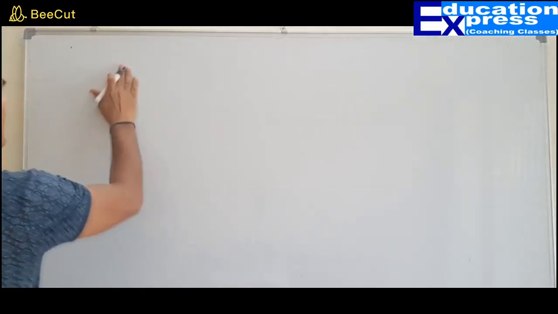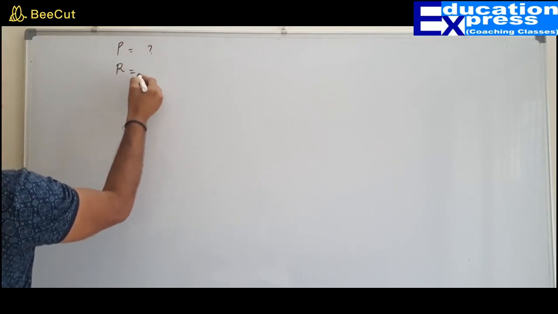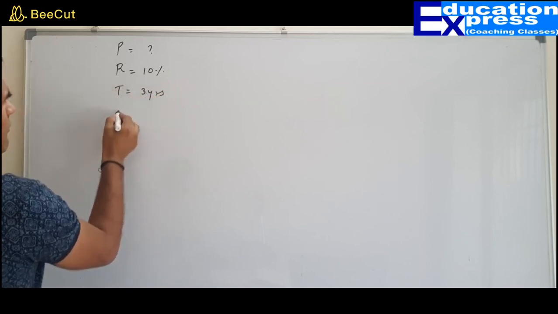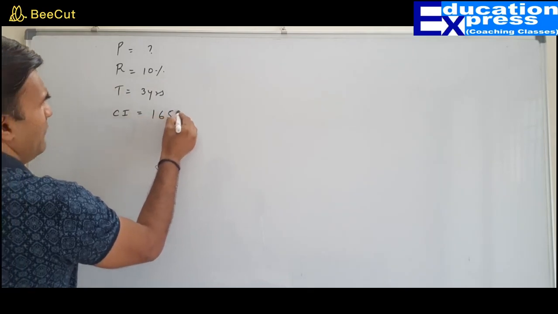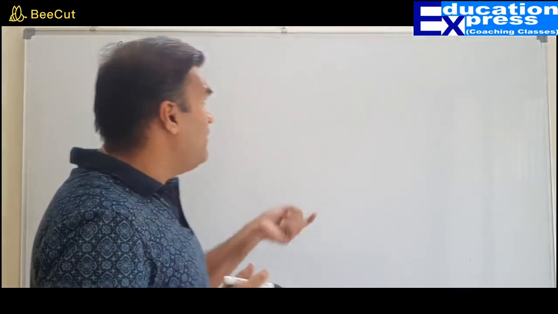So basically find the sum, that is principal, at the rate of 10% for a time period of 3 years, where compound interest amounts to 1655. Don't you think it is related to the same thing we just did in the previous question?